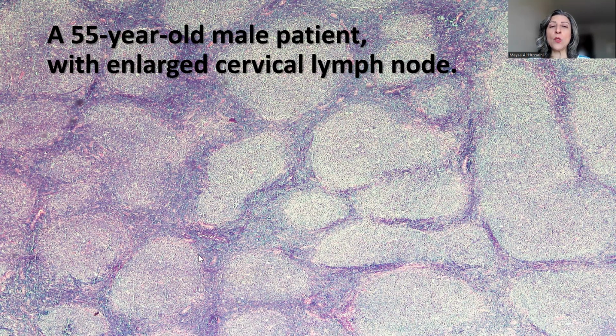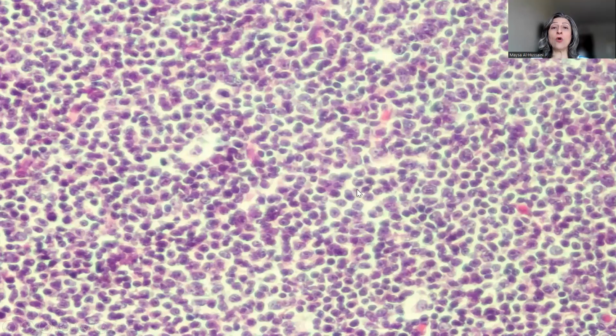And really, there is no well-defined starry-sky appearance as we would usually see in reactive lymphoid follicles. Now, on a slightly higher power magnification, this is the lymphoid follicle where all the tumor cells more or less resemble each other without polarization, without dark zones and light zones, as we would encounter in reactive hyperplasia or lymphoid follicles.